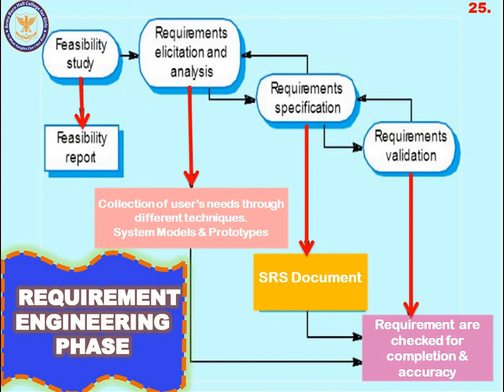Then documentation happens in the SRS documentation step. All the formal and informal, functional and non-functional requirements are documented and made available for the other phases. So requirement gathering happens through requirement elicitation techniques, in which users' needs are collected through different elicitation techniques, and system models and prototypes are also used for customers' convenience.